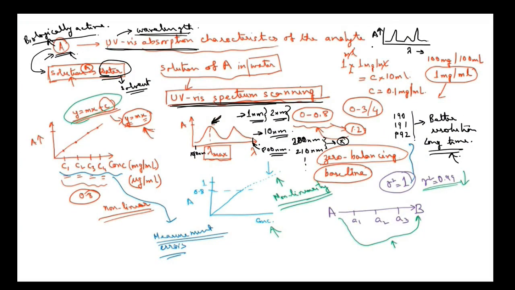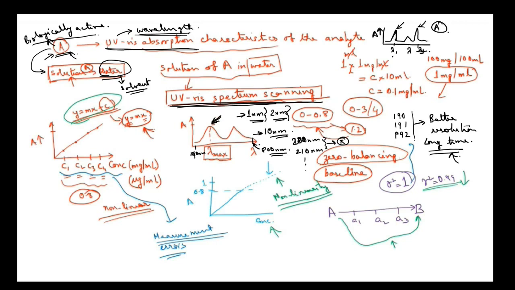Now in this case, you can see there are two peaks associated with the analyte A. So the measurement of the analyte can be done at these two locations, say this is lambda 1, this is lambda 2.